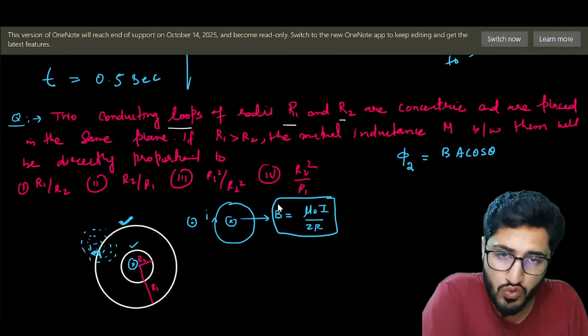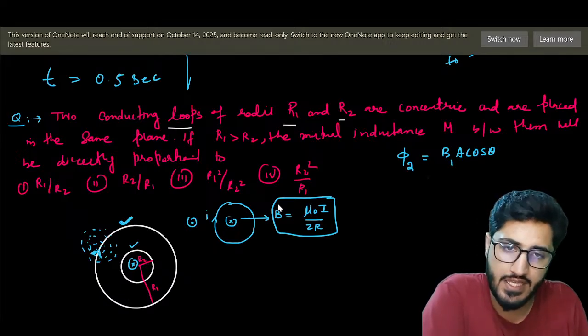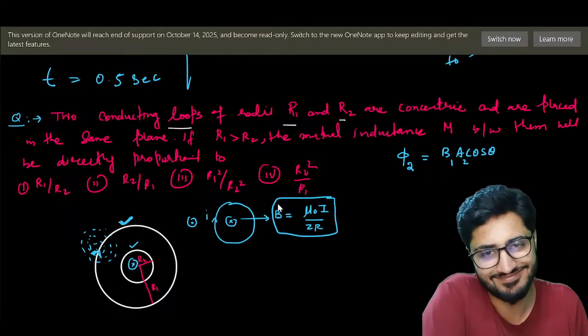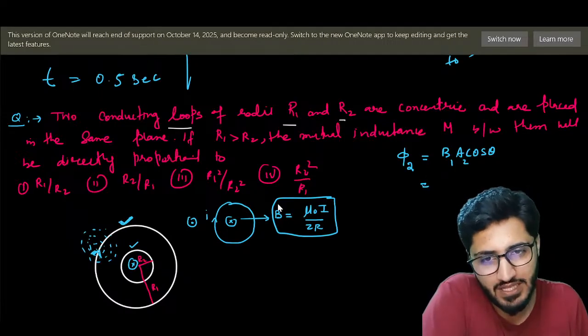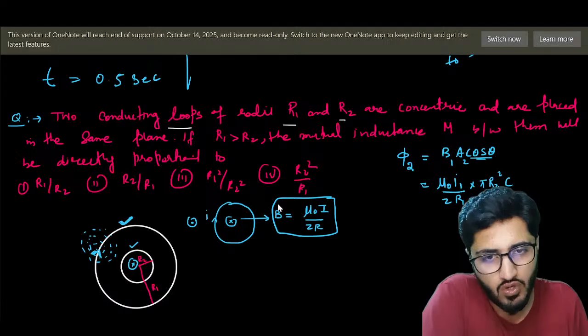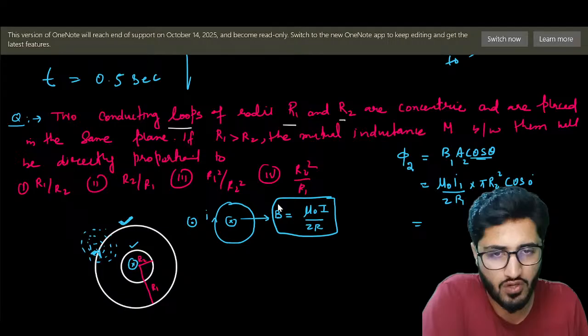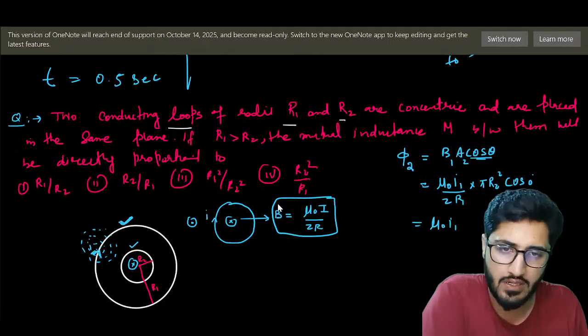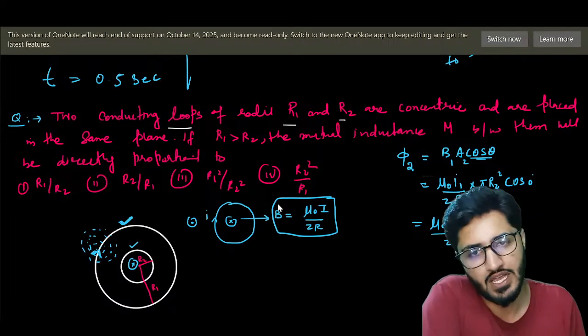Magnetic field is due to the first one, area is of the second one. B is mu naught I1 divided by 2R1. Area of the second is pi R2 square. Cos theta is cos 0 degree, which is 1. So phi 2 is mu naught I1 pi R2 square divided by 2 times R1.